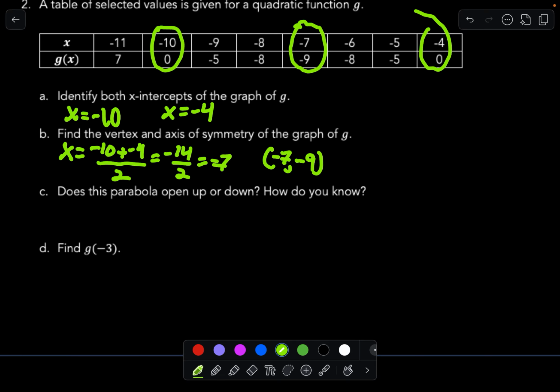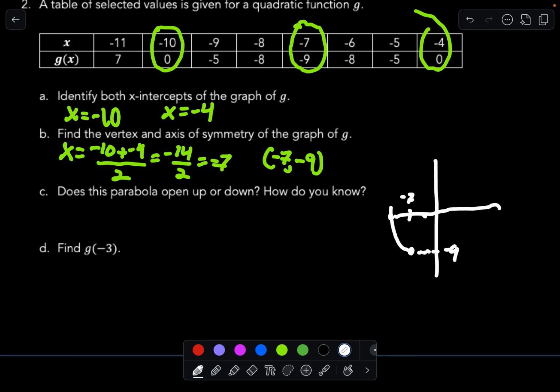And the question is, does this graph open up or down, and how do you know? Well, if we have a grid, we know that the vertex is sitting down here at (-7, -9). The x-intercepts are at -4, right here, and -10, over here.